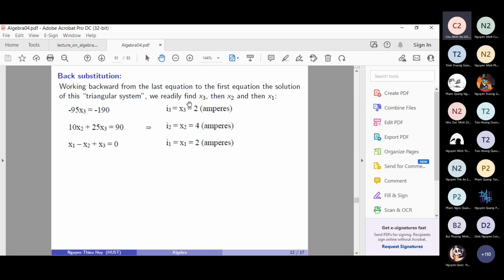So the system has a unique solution: x1 is 2, x2 is 4, and x3 is 2, corresponding to i1, i2, i3. Although it has more equations than unknowns, one equation is a consequence of the other, so it still has a unique solution.